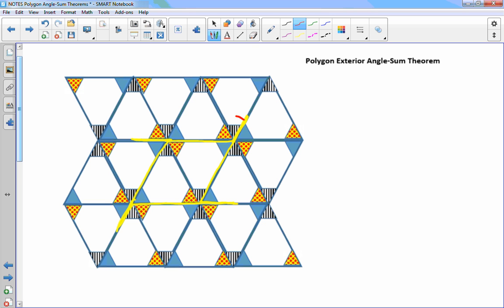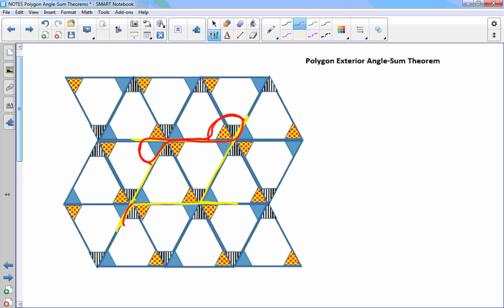On the top, what patterns do we have for the top exterior angle? Polka dotted and the stripe. Let's look at the next one. What's the angle for the exterior angle over here? Solid. Oh, so this creates 180 degrees. Goes together.